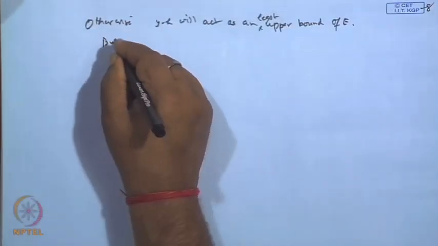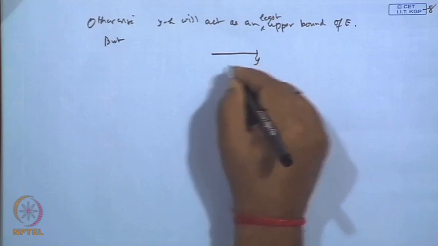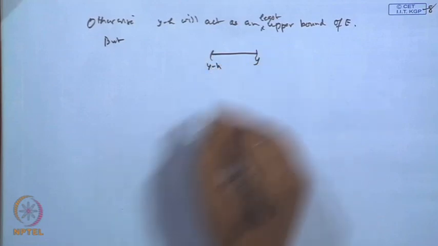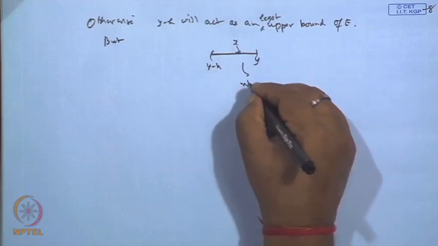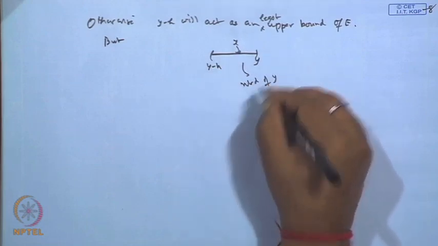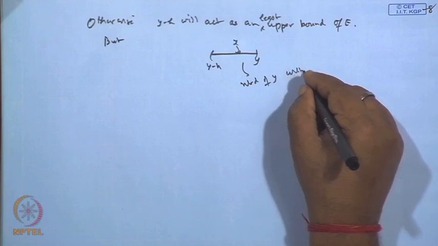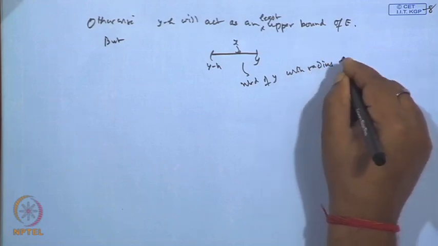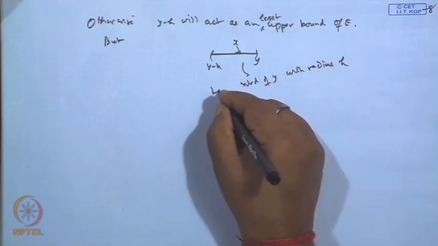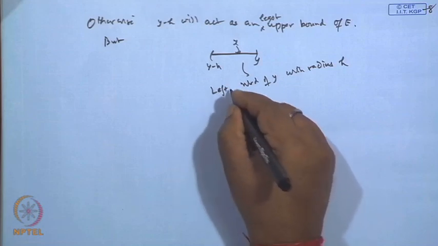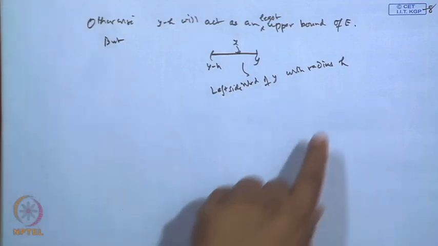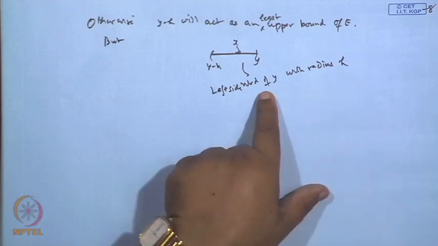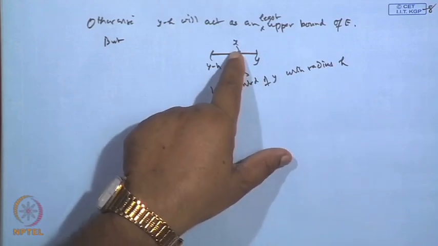But this interval y minus h to y, where x lies, is it not a neighborhood of y with radius h? It is the left side neighborhood of y with radius h. So, there exists a neighborhood of y which includes the point x.